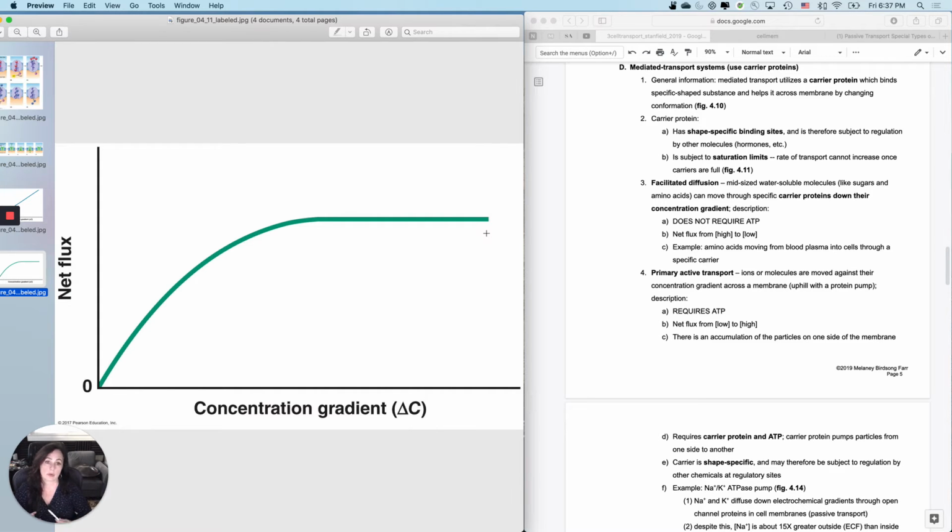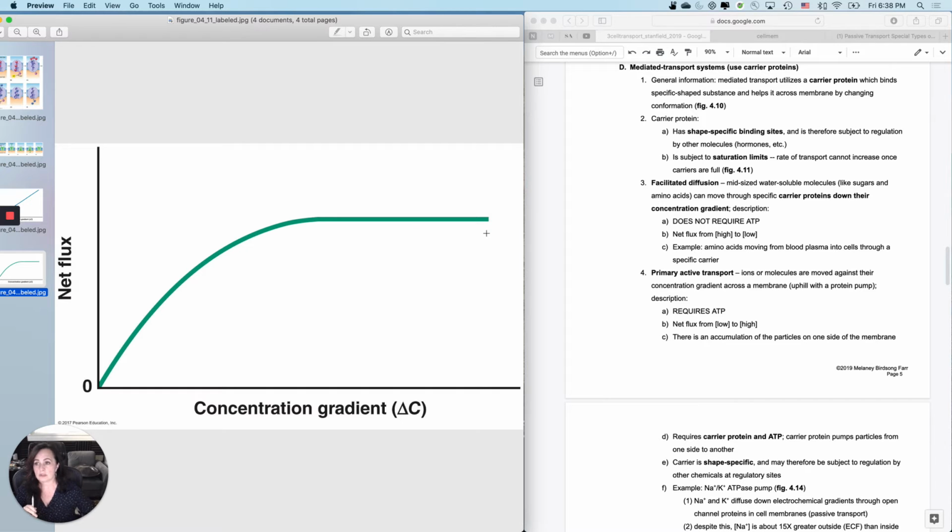Okay, so now let's talk about facilitated diffusion. So remember, our rule was if we could move something by the cheapest or fastest way, we would do it that way. So hopefully you guys remember that simple diffusion straight across the cell membrane is really fast. And then diffusion through a channel was slightly slower because it limited the locations that you could move.